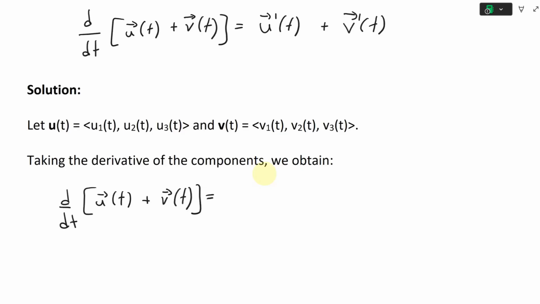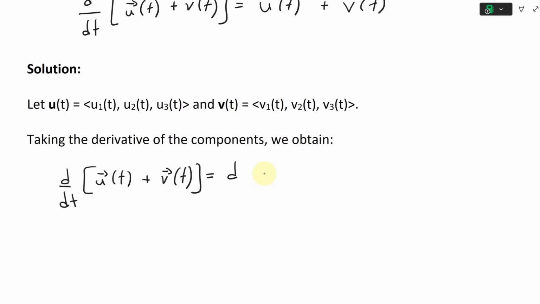This is the same thing as writing d over dt of the sum, where we add the components and put them as one function. So it's u1 of t plus v1 of t, and the next one is u2 of t plus v2 of t.